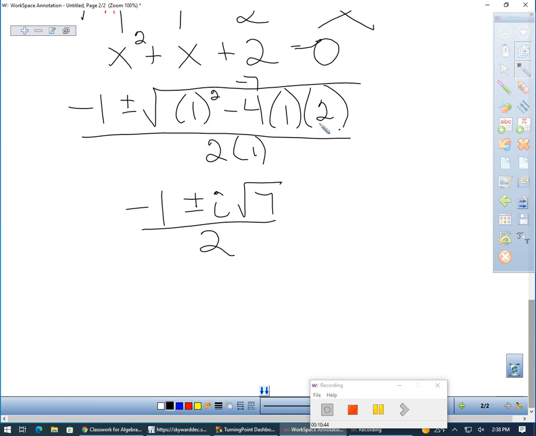All right, so that's 2 of our solutions. And what were our first 2 solutions? Yeah, plus and minus 3. We have a total of 4 because our highest exponent was 4, right?